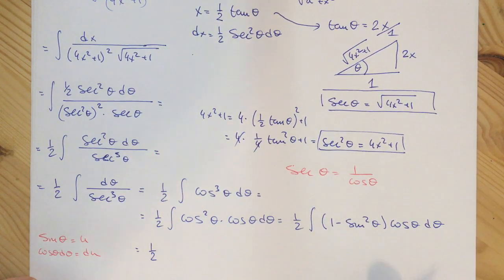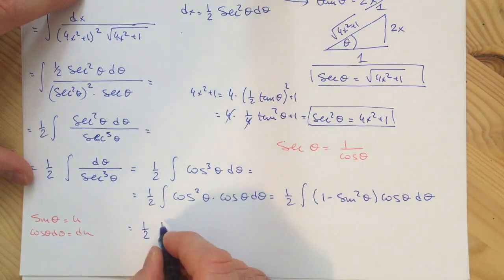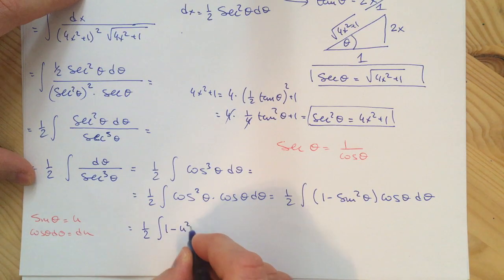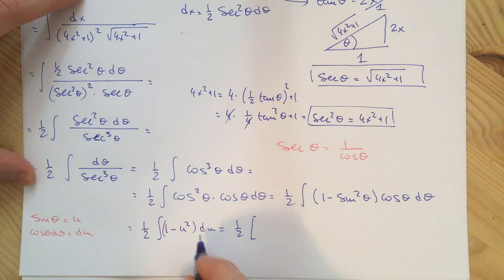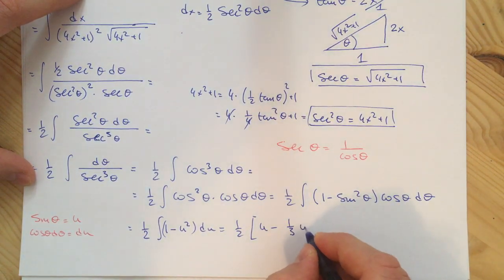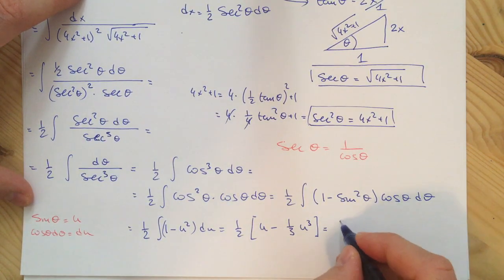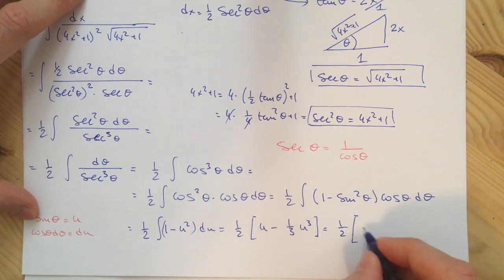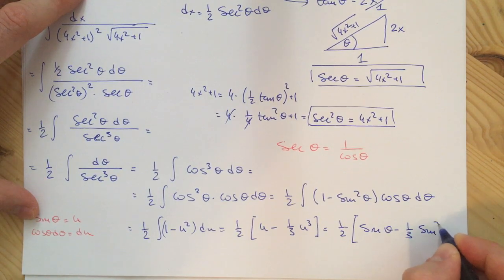That brings us to 1/2 integral of 1 minus u squared du, which is 1/2 times, I'm integrating with respect to u, so that's u minus 1/3 u cubed. And now u stands for what? U is just sine theta minus 1/3 sine cubed theta.